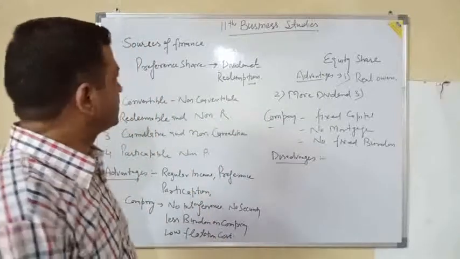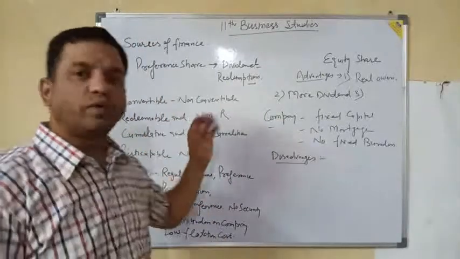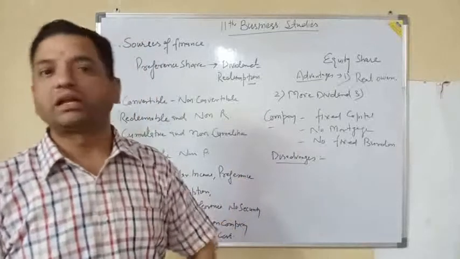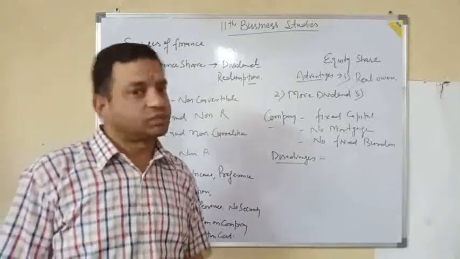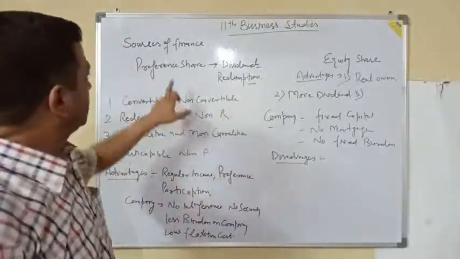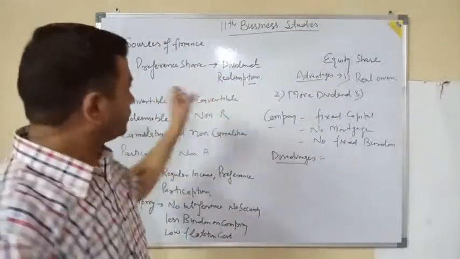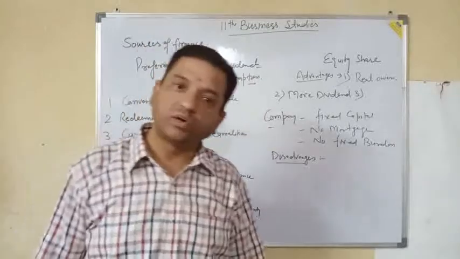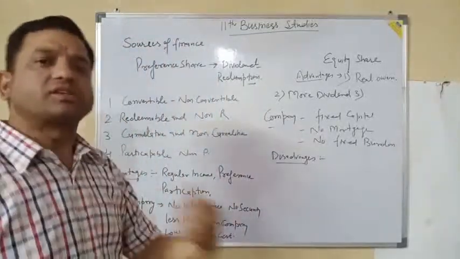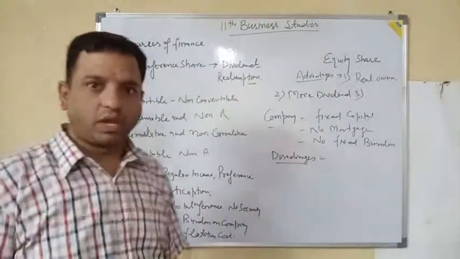So now today we will discuss the two very important, major and vital components of sources of finance, that is preference share and equity share. Before understanding the preference share and equity share, let us understand what is a share.